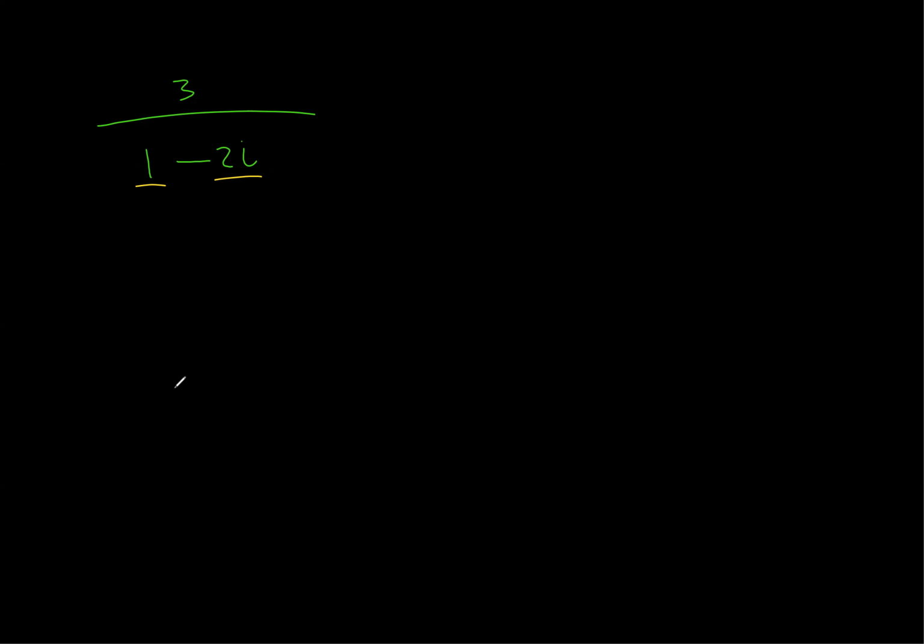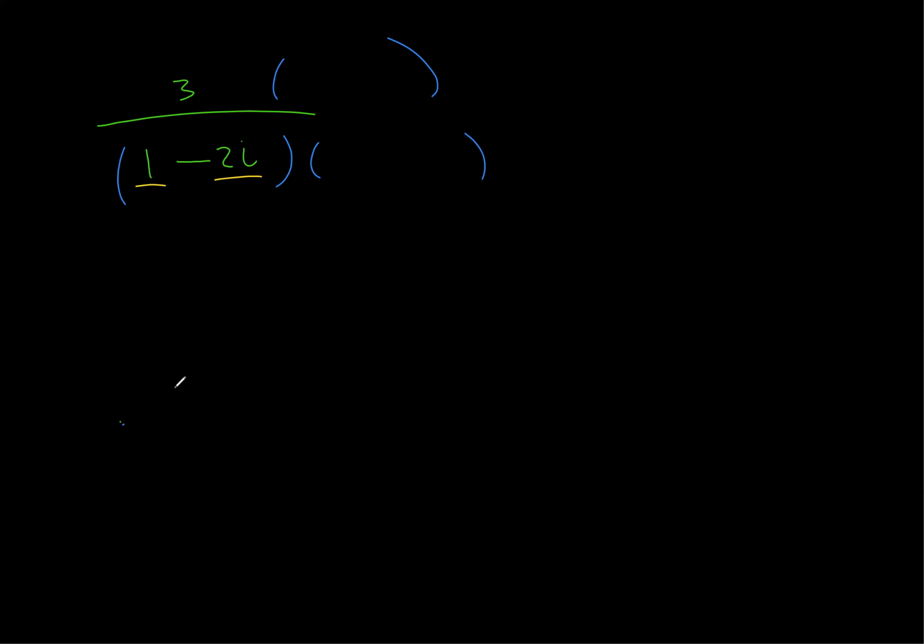How do I divide here? The goal of division for complex numbers or imaginary numbers is to get rid of the imaginary part of the denominator. So multiply usually by the conjugate, which has a different sign for the imaginary part. Let's say I'm going to multiply this part now and this part by what?